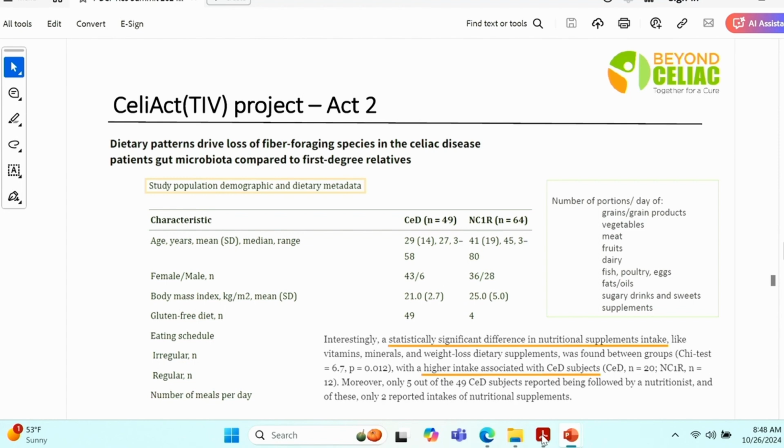We're not looking at gut microbiome yet, only the features we collected, including information about their dietary habits. Celiac patients take more nutrient supplements than their non-celiac relatives.